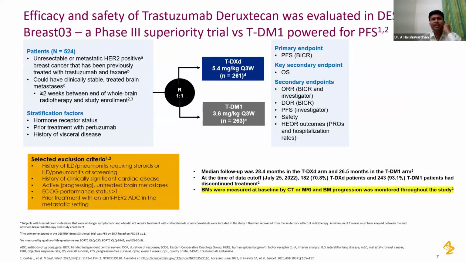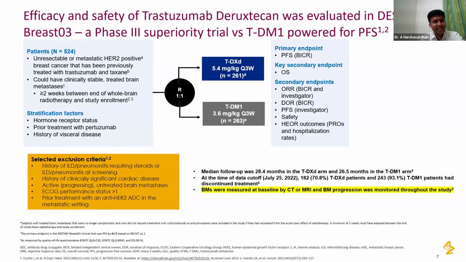The efficacy and safety of trastuzumab deruxtecan was evaluated in Destiny Breast 3, which is a phase 3 superiority trial. The patient inclusion criteria was unresectable metastatic HER2 positive breast cancer previously treated with trastuzumab and taxane, and stable brain mets were allowed. The exclusion criteria, which is very important, were history of ILD or pneumonitis requiring steroids, or ILD or pneumonitis at screening.